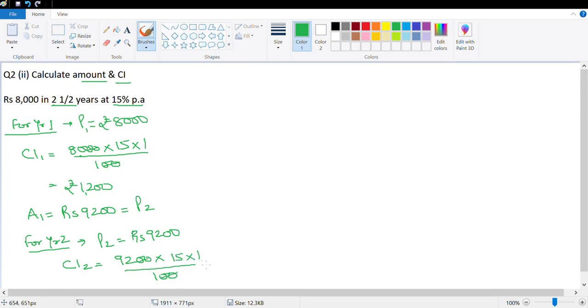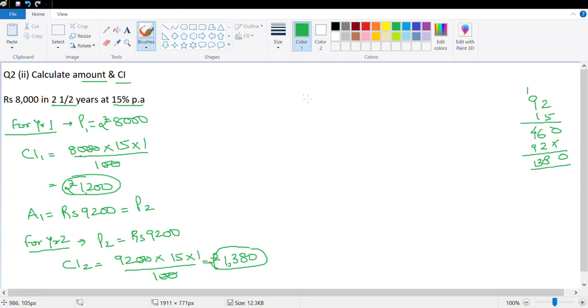So that's 92 into 15. 92 into 15, that's 10, 46. This is 2, 9, 0, 8, 13. This is equal to rupees 1,380. I hope you notice that the interest keeps on increasing every year.